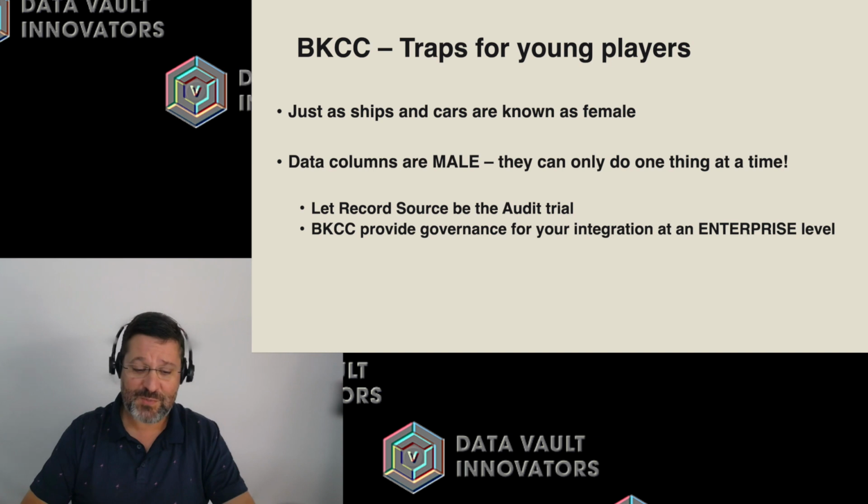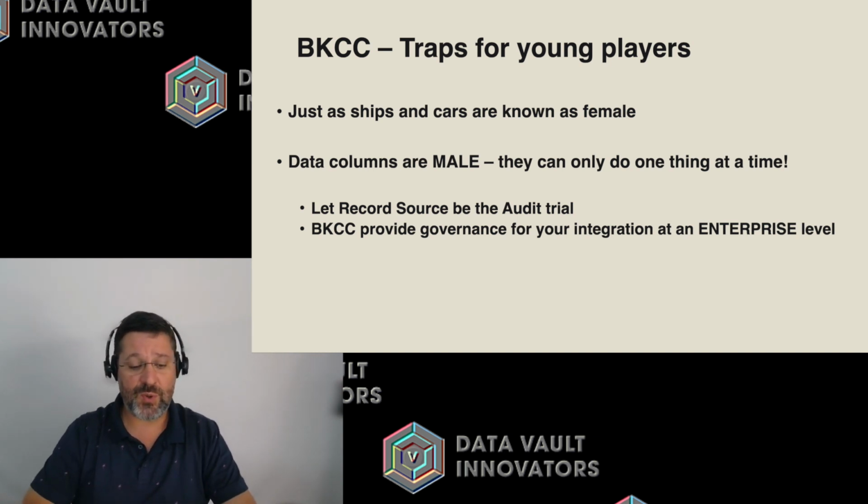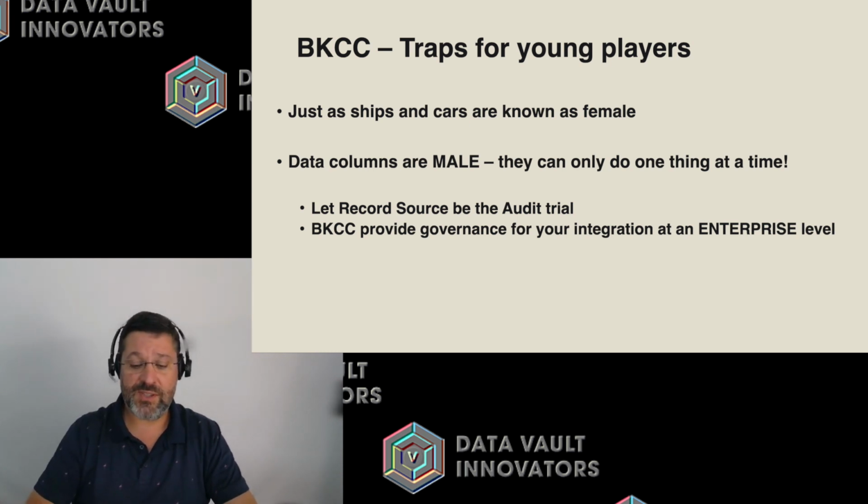Let the record source be the record source and capture your audit trail, and the business key collision code provides you the governance on how to integrate across your enterprise, even with business keys that have overlapping values, hence business key collision code.